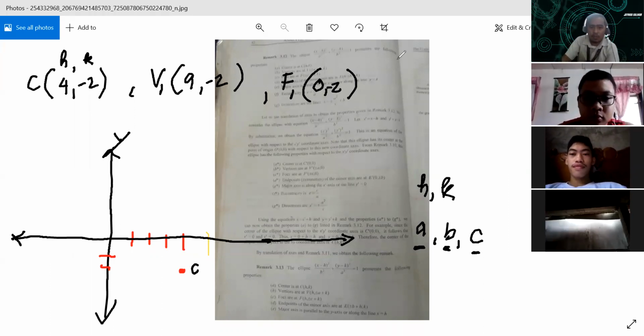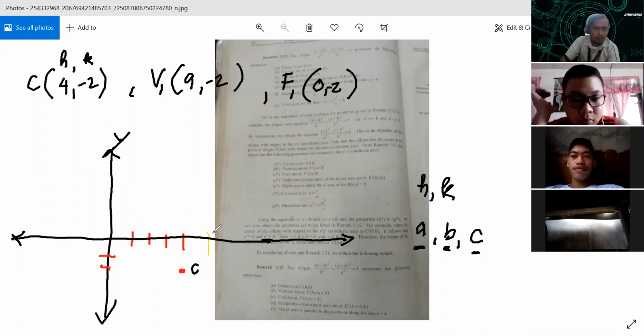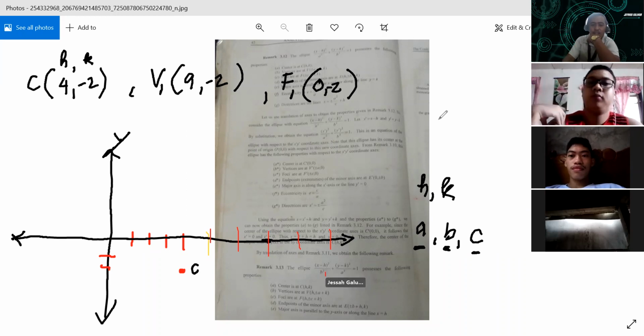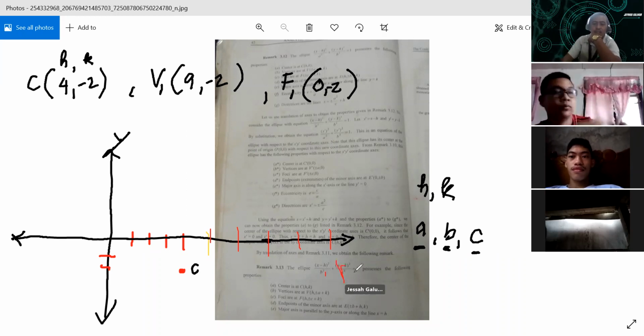Asa ang vertex 1, Miss Galukan? 1, 2, 3, 4, 5. 9 man. Yes. Okay, there. Good. Asa ang point? Okay. Very good. So it must be somewhere here.